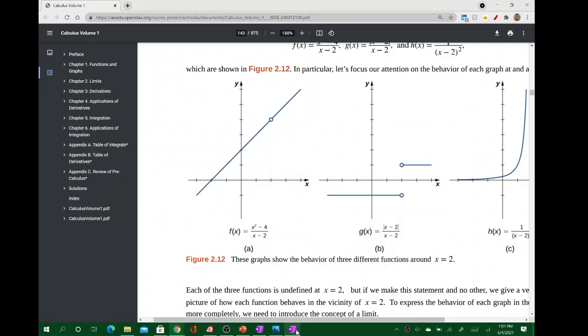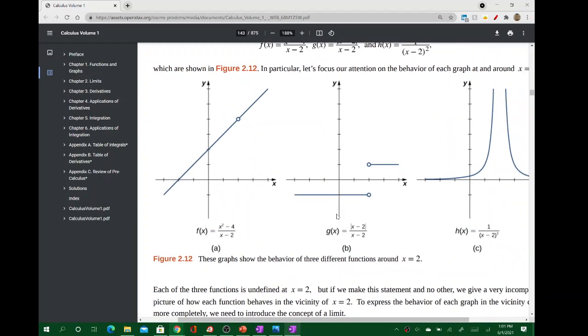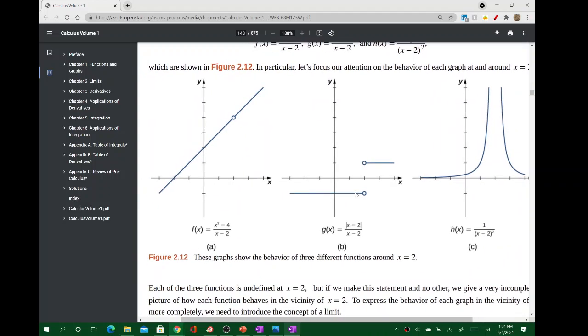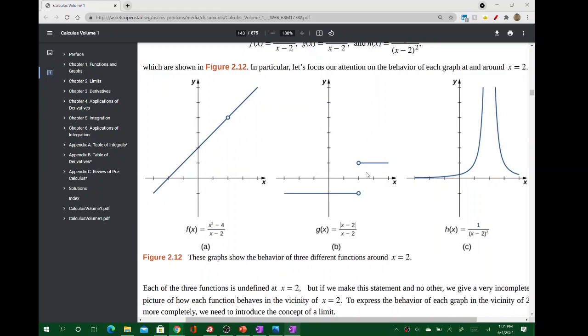And then part B, it says that x does not equal, so basically at x equals 2, there's two undefined functions. Now at x equals 2, the function is not defined.